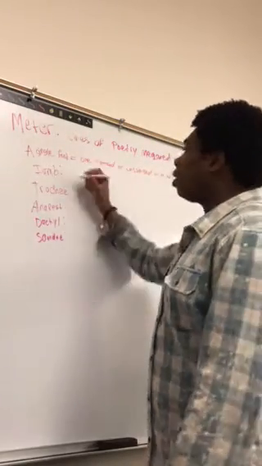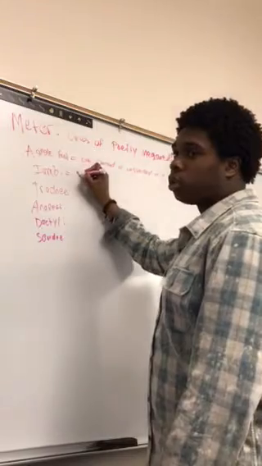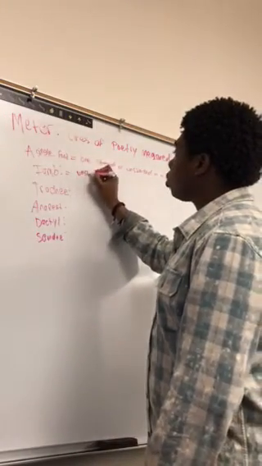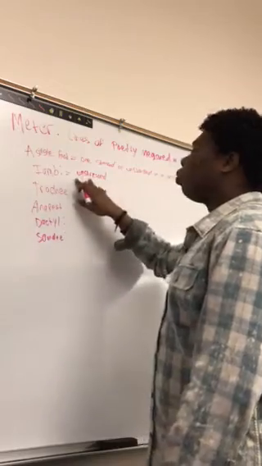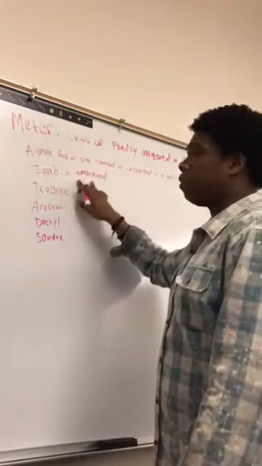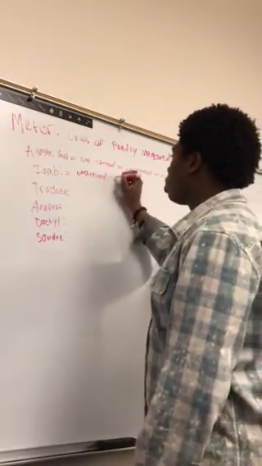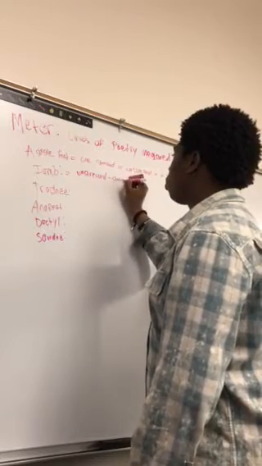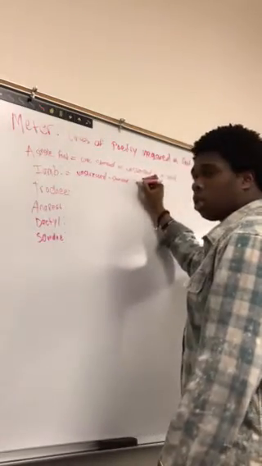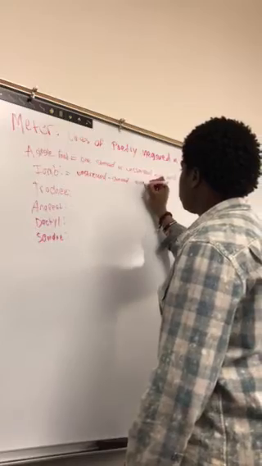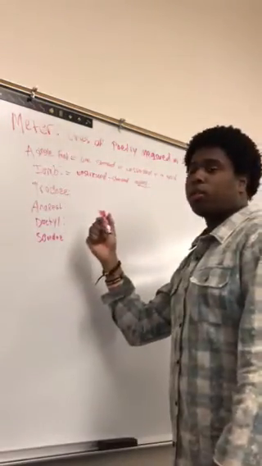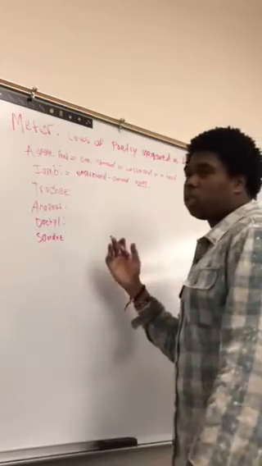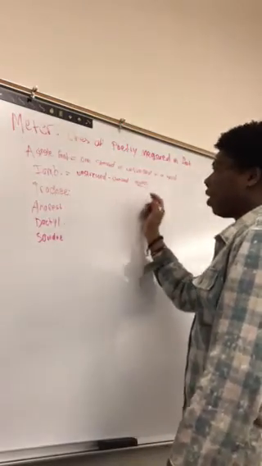So an iamb is equal to one unstressed and stressed word. So remember, you have to have 2 of these to make at least 1 foot. So an unstressed, stressed syllable word like away. A is the unstressed syllable, and then way is the stressed syllable. So that makes it an iamb, away.